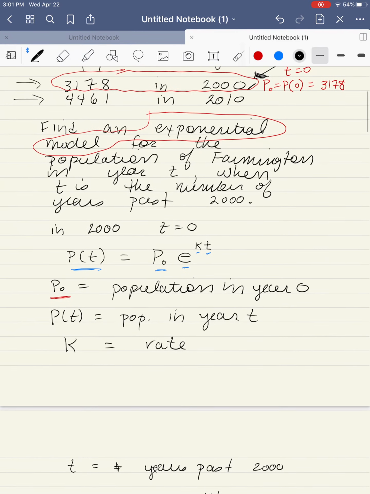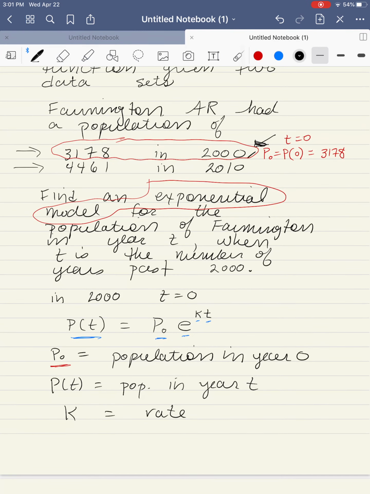So now the 3178 is part of the function. That's not going to change.